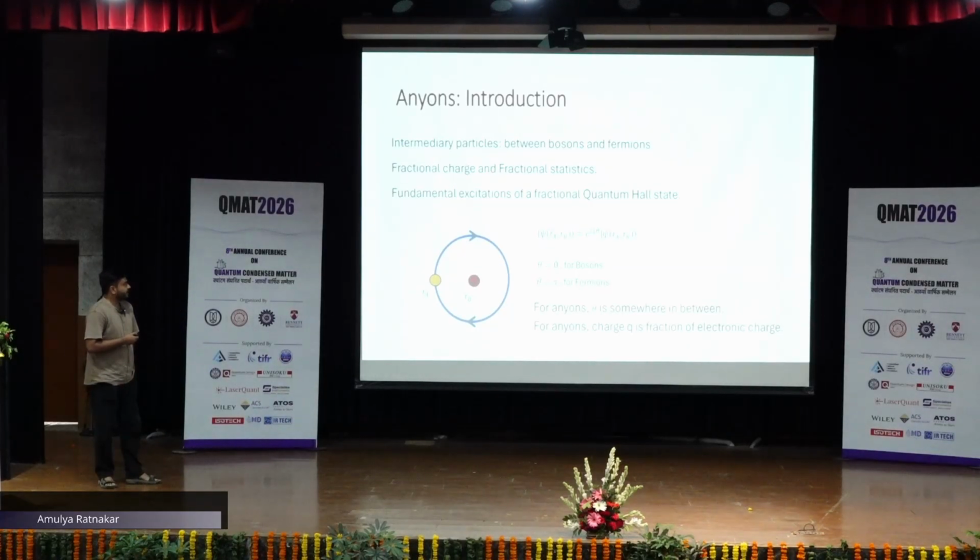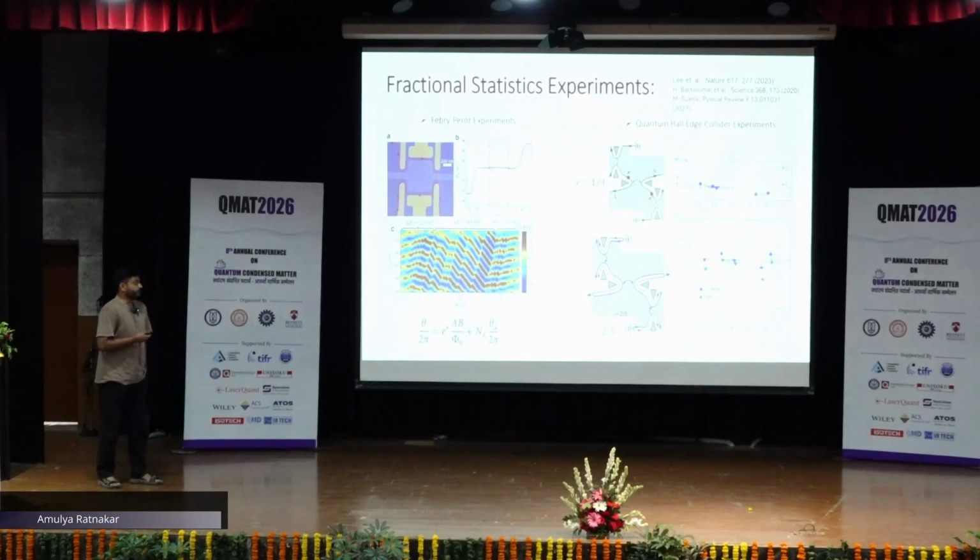The fractional charge was detected decades back, but for fractional statistics the work is still ongoing, and there has been a very small number of experiments which deal with direct evidence of fractional statistics. And these experiments depend on interferometer setups or collider setups.